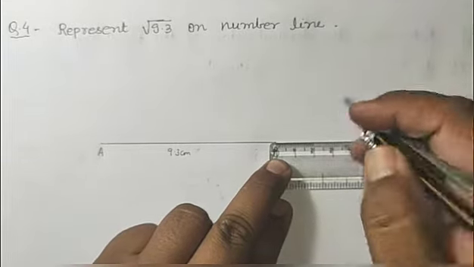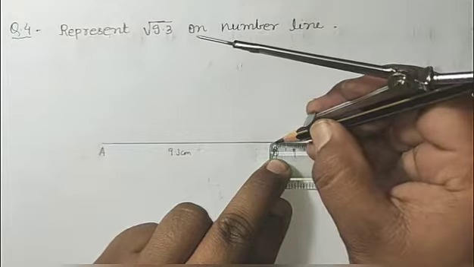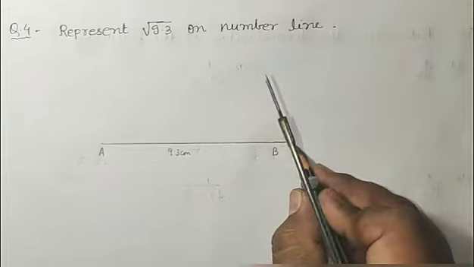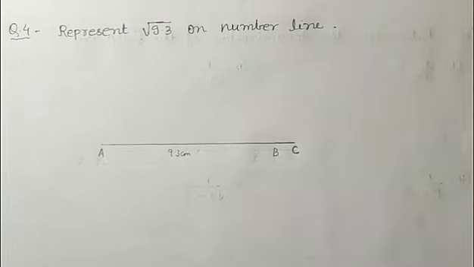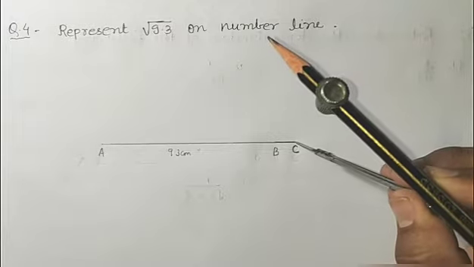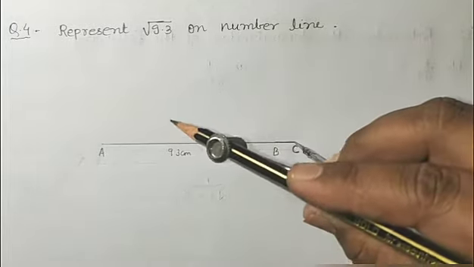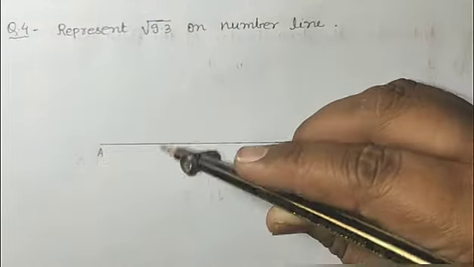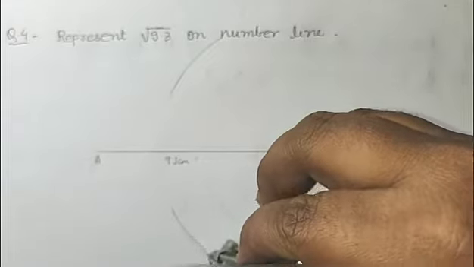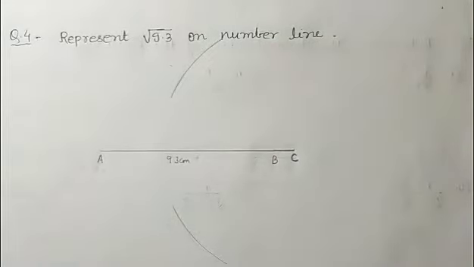Means we will extend this line by 1 unit, that is A to C. Now we'll find the midpoint of AC. How will we find the midpoint of AC? By drawing a perpendicular bisector. Suppose C is the center and, taking radius as more than half of AB, we will cut two arcs at the top and at the bottom of the line segment.